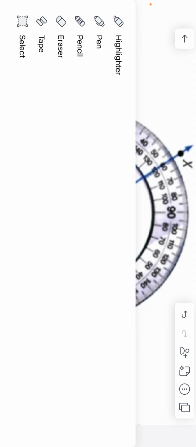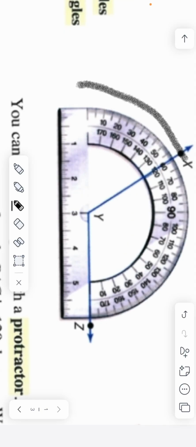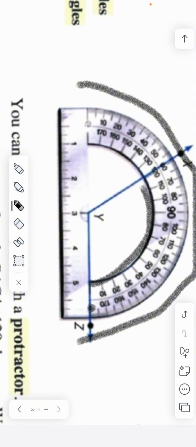That half circle has measures on it. It starts from 0 on the left side and goes to 180, because a straight line measures 180 degrees. And also if you look at this small circle, it goes from 0 to 180 degrees.